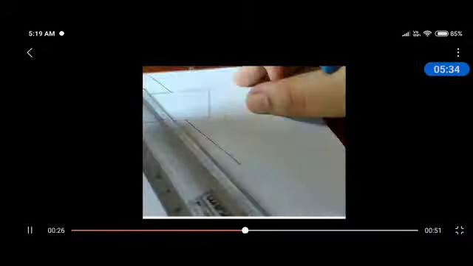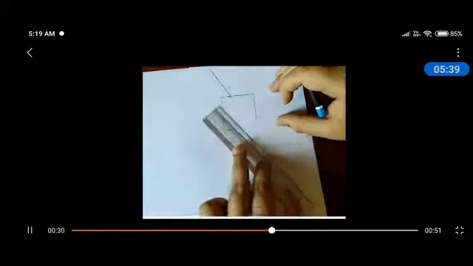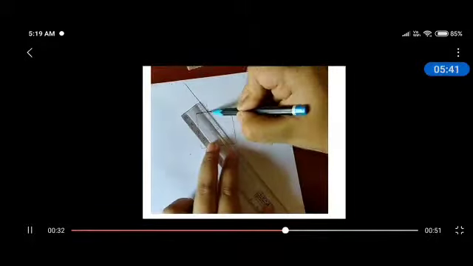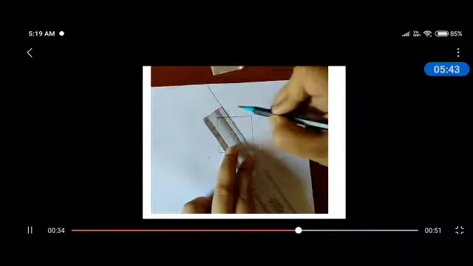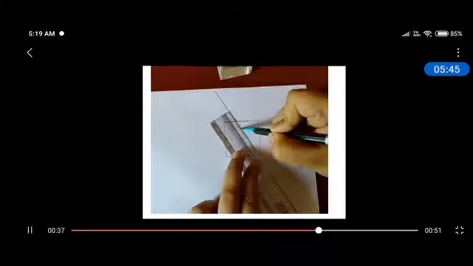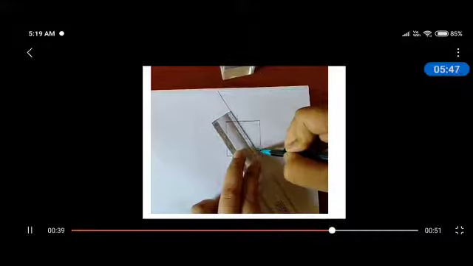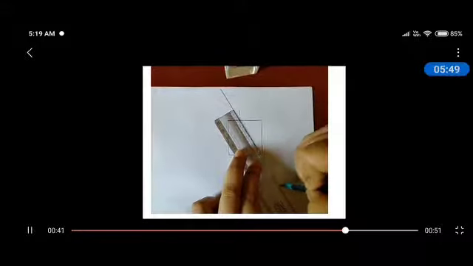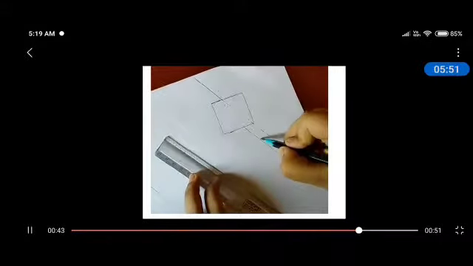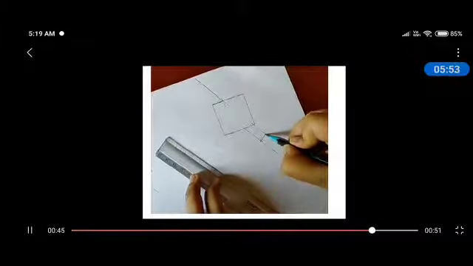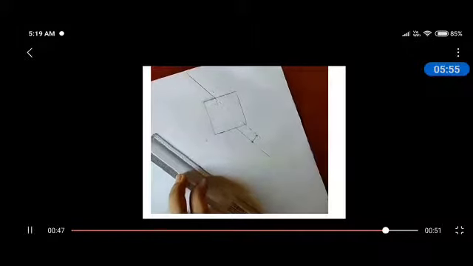The line drawn here is the emergent ray. And the incident ray is being extended. So the distance between these two rays gives us lateral shift.